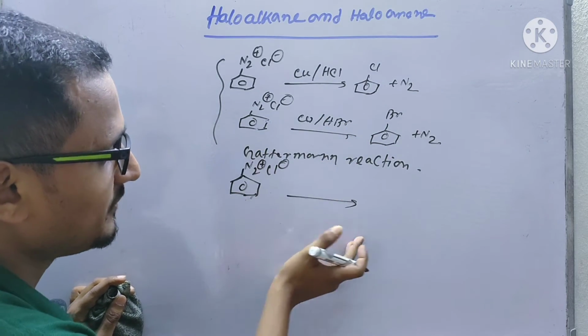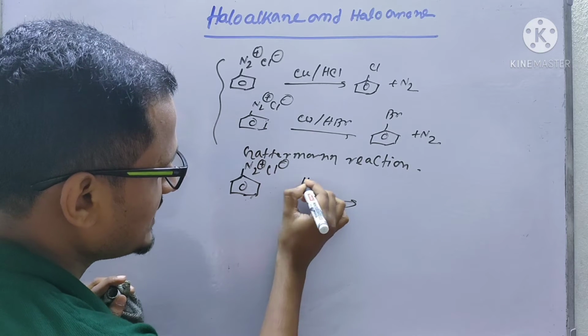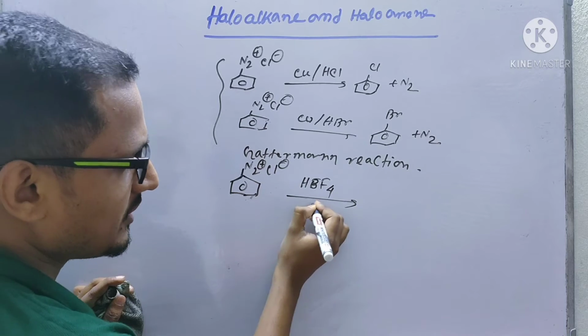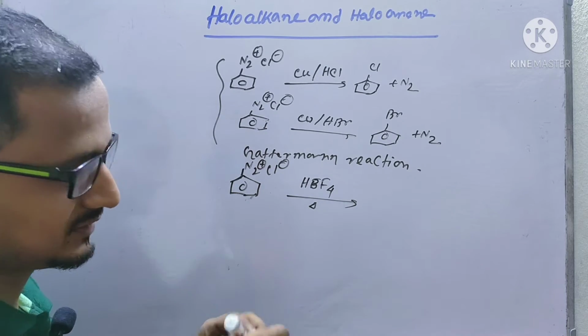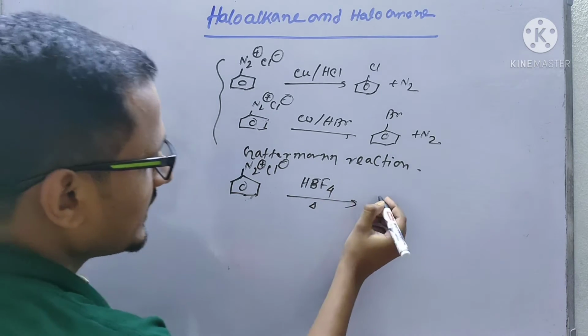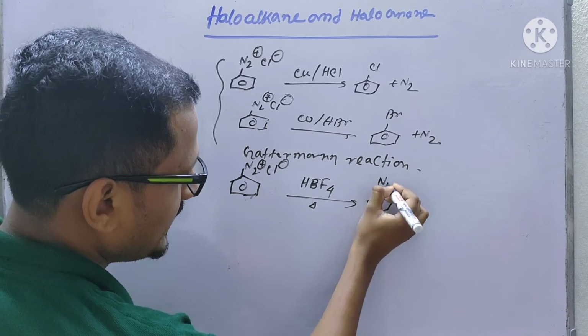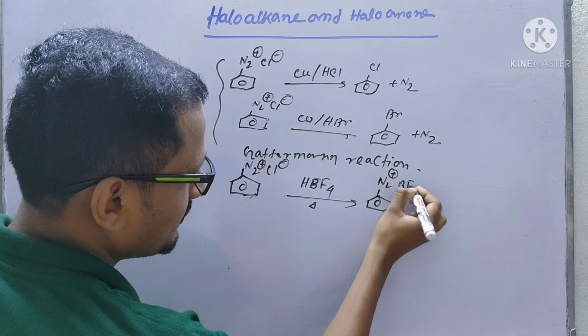Now to form fluorobenzene you have to react this one with HBF4, and you have to heat the solution so that you will get N2 plus BF4 minus.